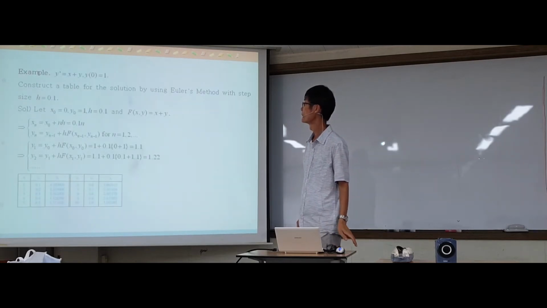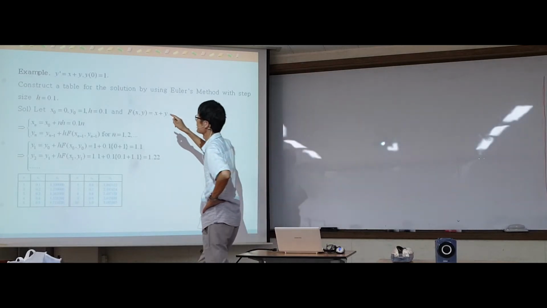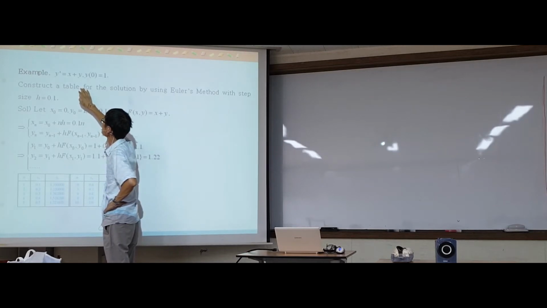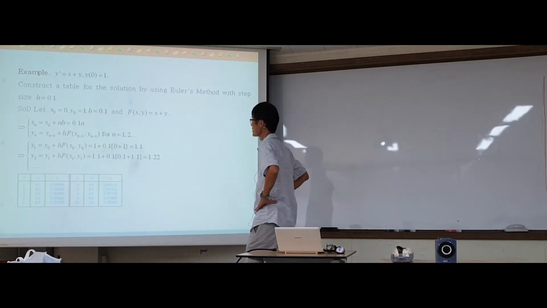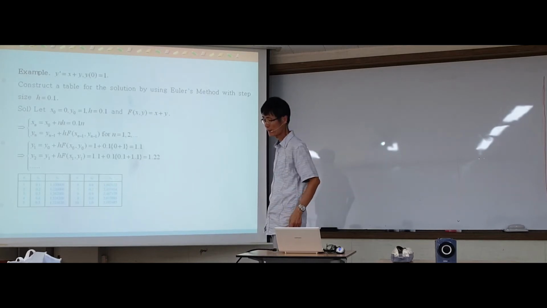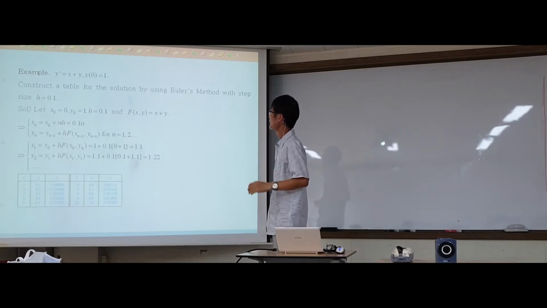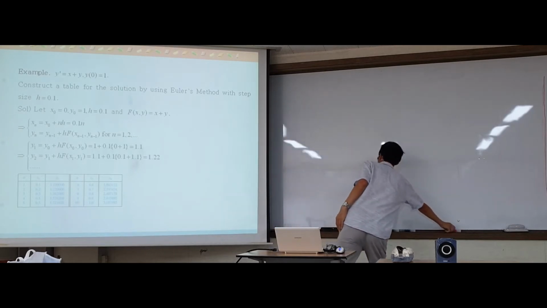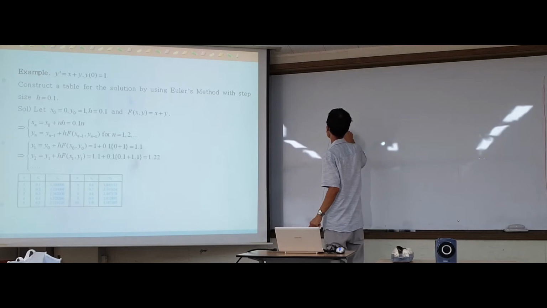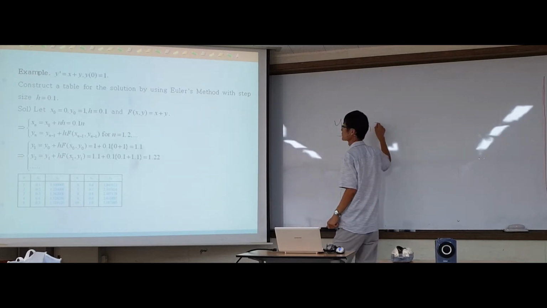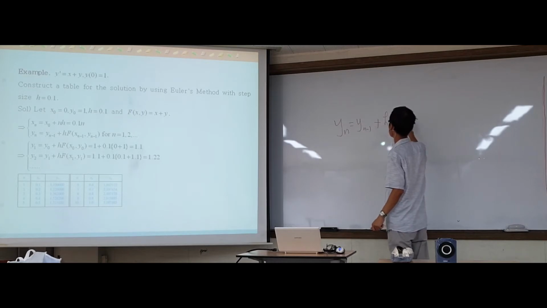For example, if we consider such a simple case, if y prime is given as x plus y, and it has an initial condition y0 is 1, then first we construct a table for the solution curve, with the step size h is 0.1. We just follow the formula. You should be careful to remember that yn is given as yn minus 1 plus h times f of xn minus 1, yn minus 1.